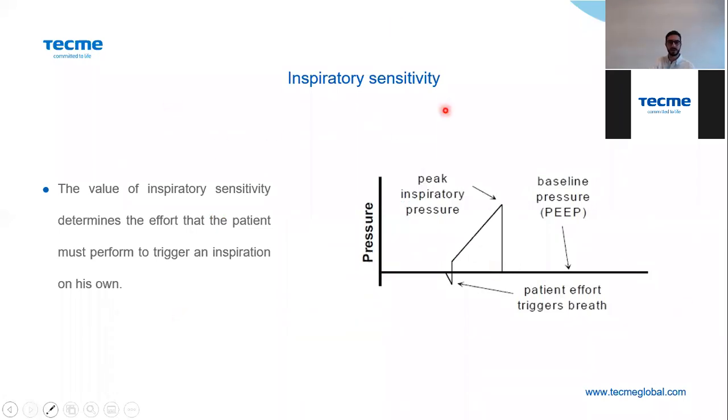So let's remember, this is the inspiratory sensitivity. The patient needs to make an effort in order to trigger an inspiratory phase. An inspiratory effort is this graphic decrease.